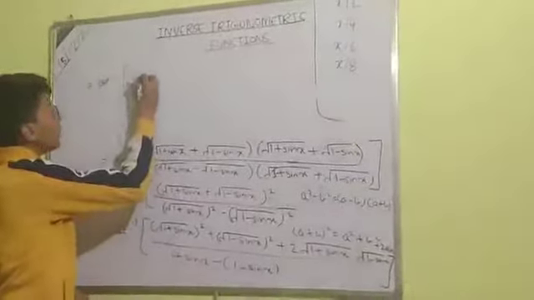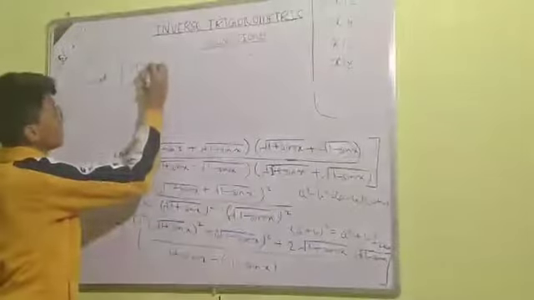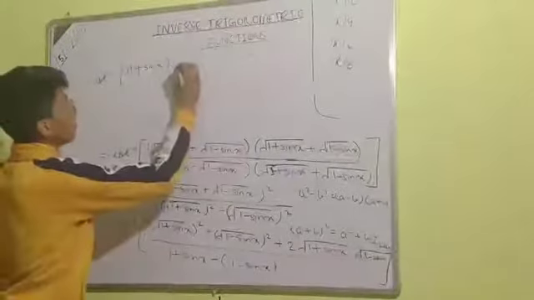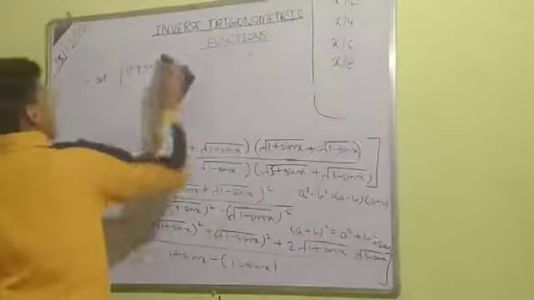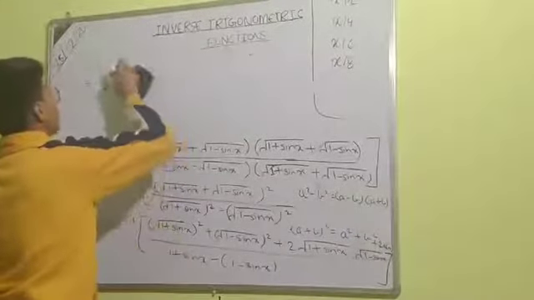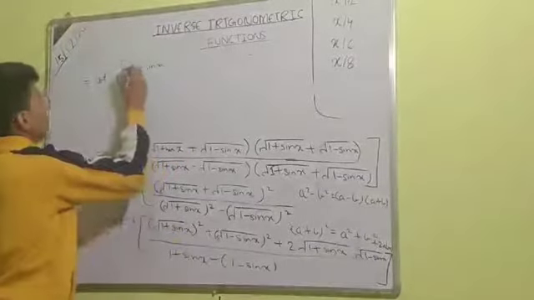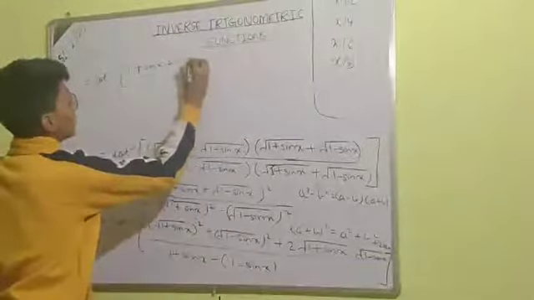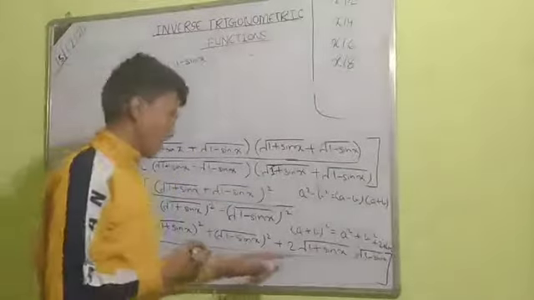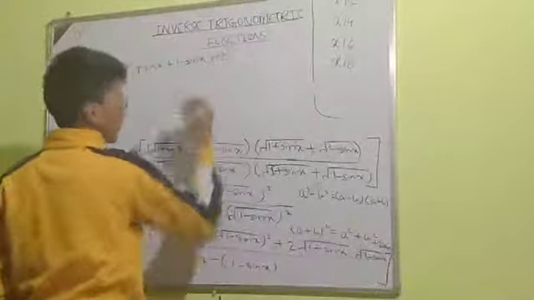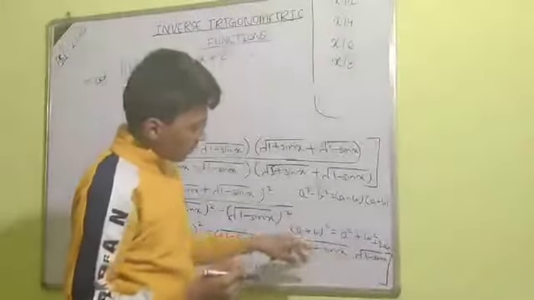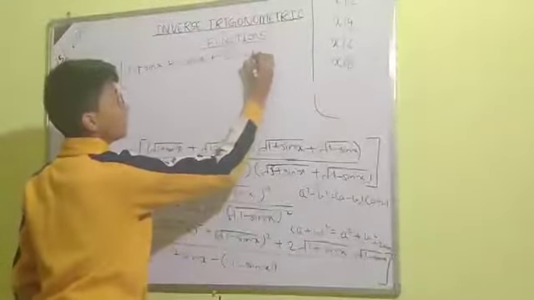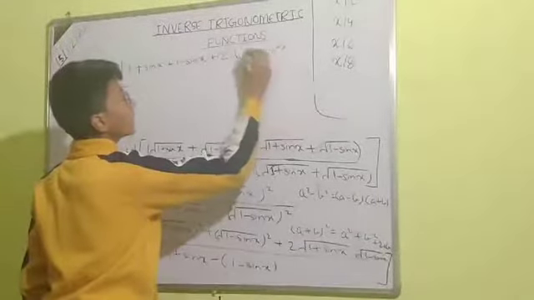Now it will be cot inverse, that is 1 plus sin x, bracket from here, I will solve straight, plus 1 minus sin x plus, that is also in the form a plus b into a minus b, a square minus b square, but it will be in root 1 minus sin square x.